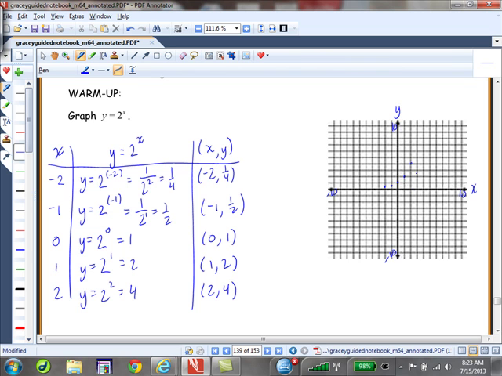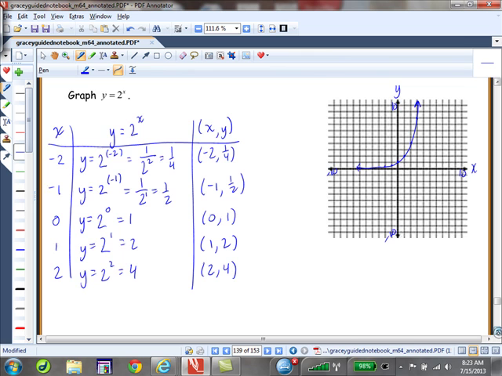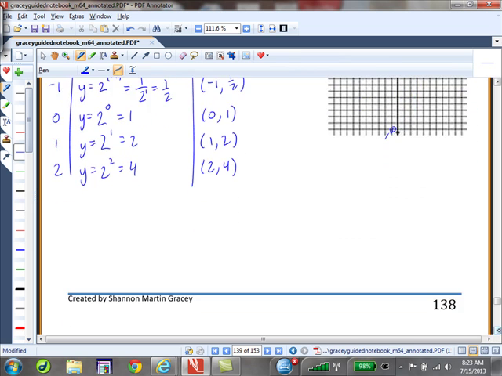If you wanted one other ordered pair, you'd be at 3, 8. And there's our nice exponential graph. How'd you do? Awesome. All right, moving right along.